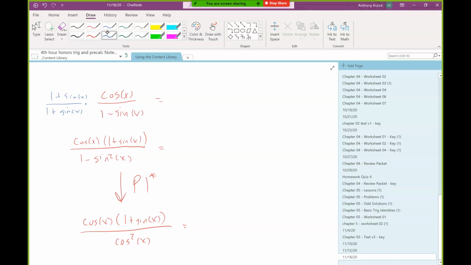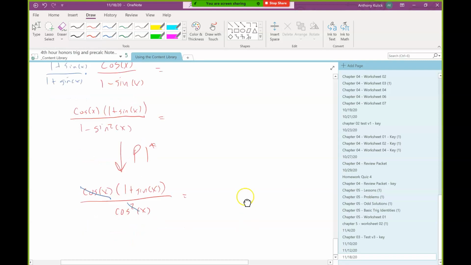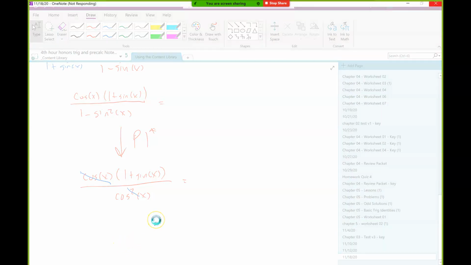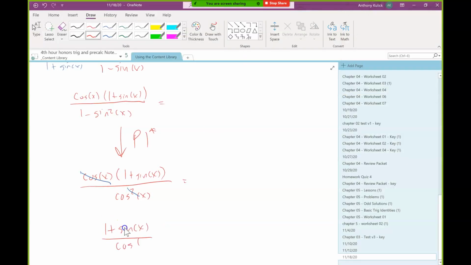I have a 1 plus sine x in the numerator and a cosine squared in the denominator. But I can turn that into just a regular cosine just by reducing. And now they are identical, and I'm finished.